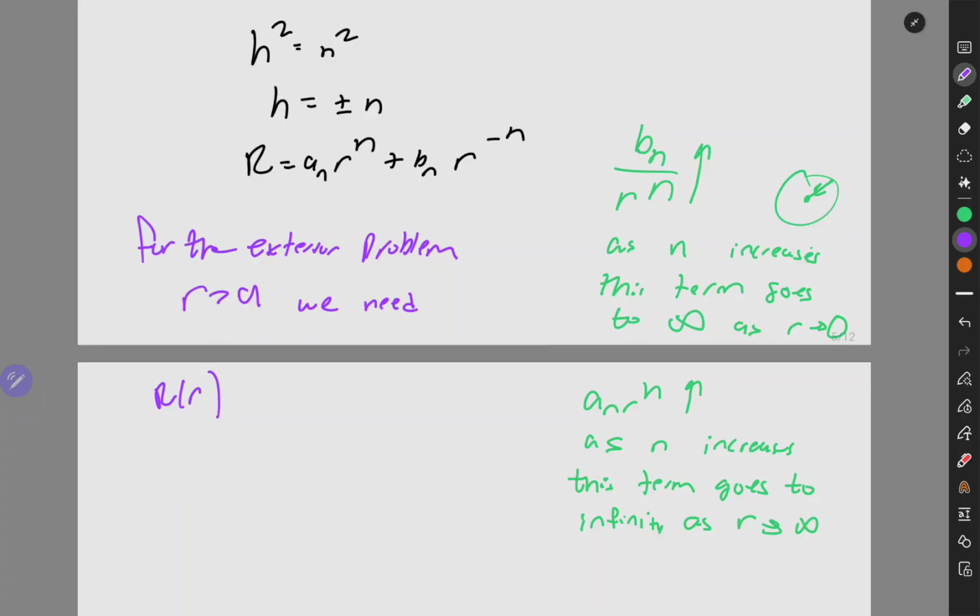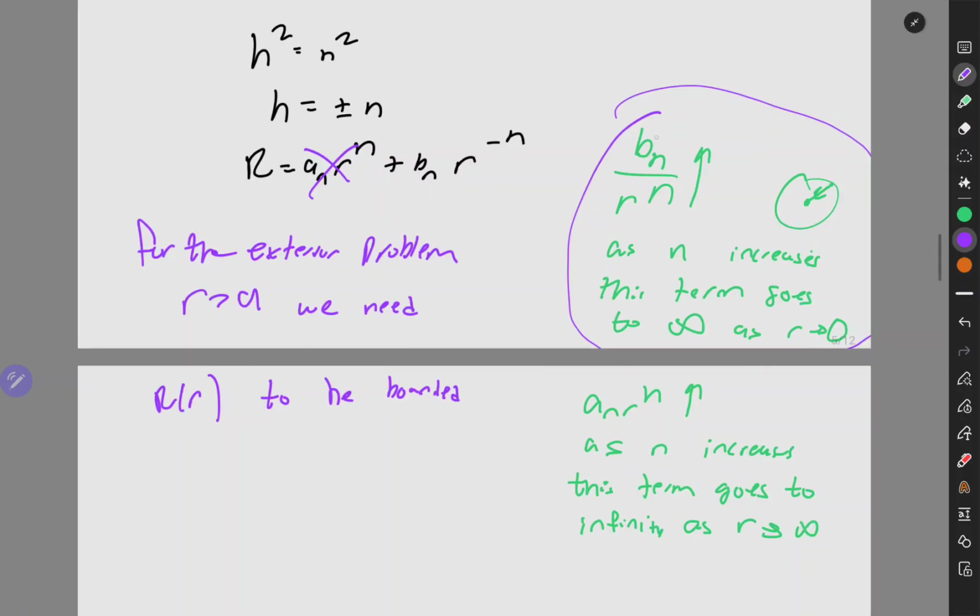So this term right here has to be discarded. This is the only term that's going to go to a value as r increases.